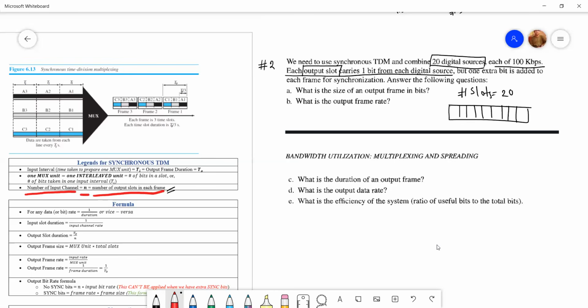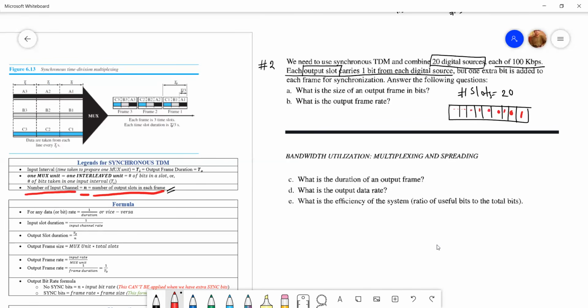Each of the output slots is carrying one bit from each of the sources. So there will be 20 bits from 20 digital sources in each frame, each slot carrying one bit from each of the digital sources.